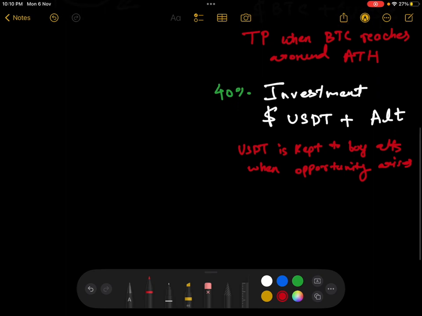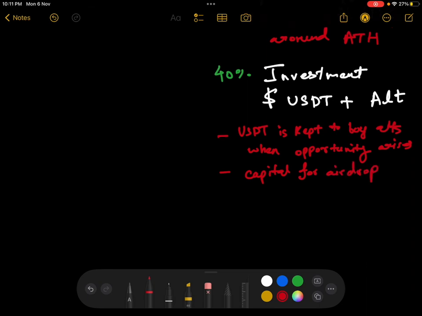Another reason for keeping the USDT is capital for airdrops. Whenever we do airdrops, we find that you need to fulfill a volume of, let's say, $500 or $1,000. For that capital, I can take, let's say, $500 from this part of the portfolio and do the airdrop for maybe 1-2 months, and then return that money back to this section of the portfolio.